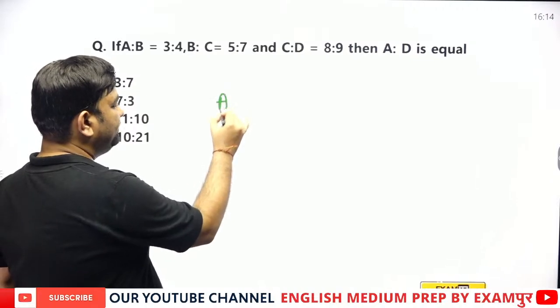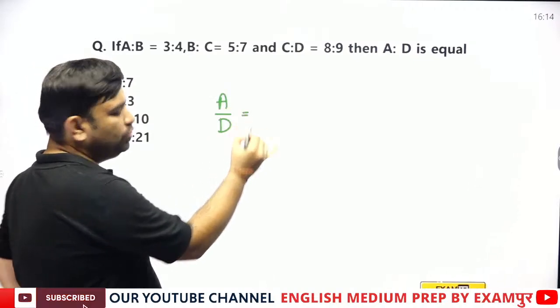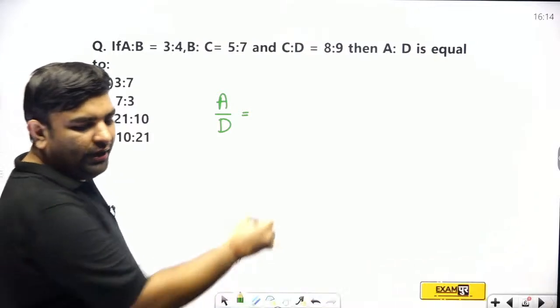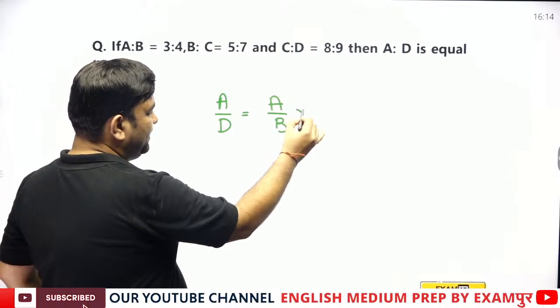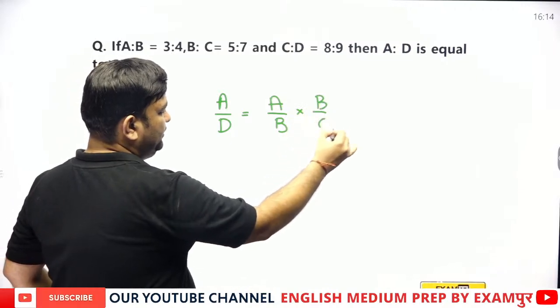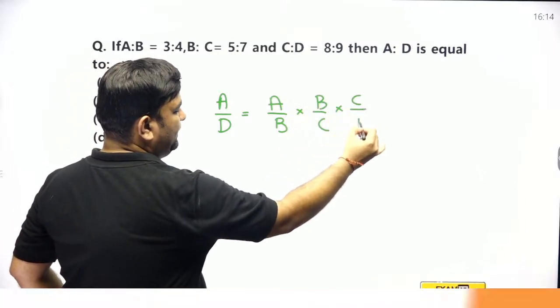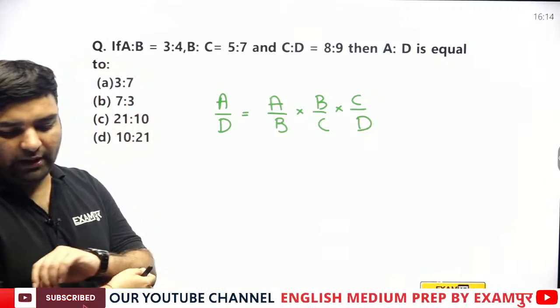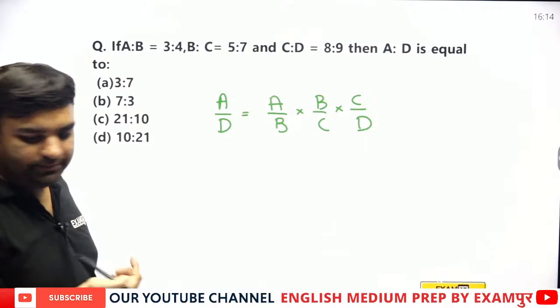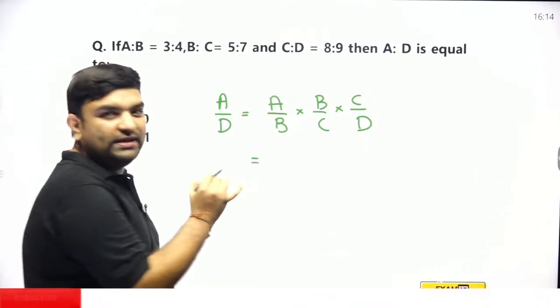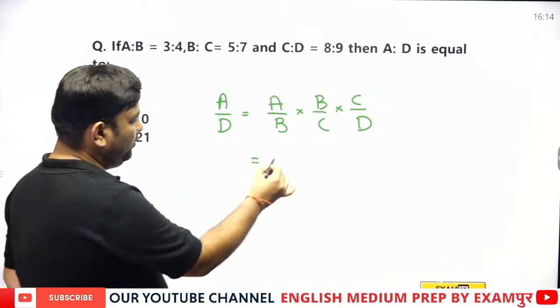Now you have to find A ratio D. A ratio D can be found directly by the successive multiplication of A by B into B by C into C by D. What is A by B? 3 ratio 4.